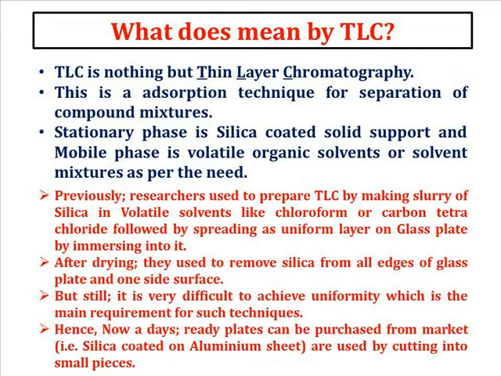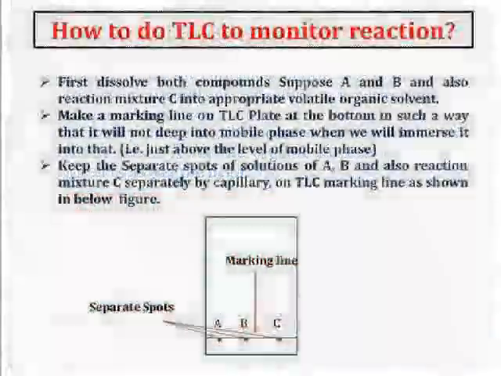But nowadays that old method is not applicable because ready silica coated aluminum sheets are available. Those sheets can be cut into small pieces and used for our TLC purpose.